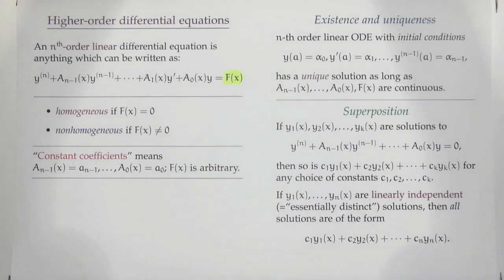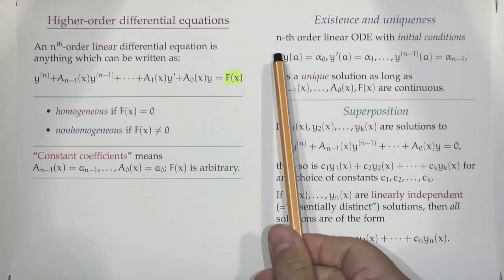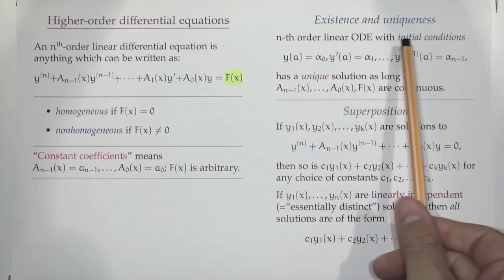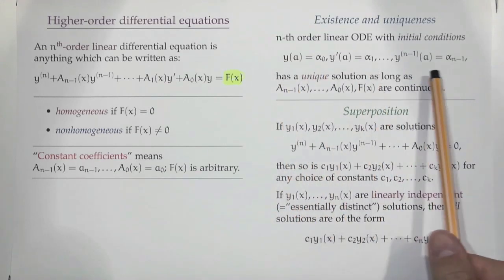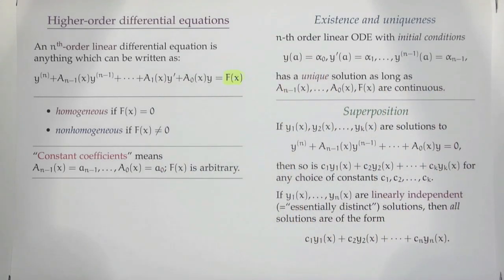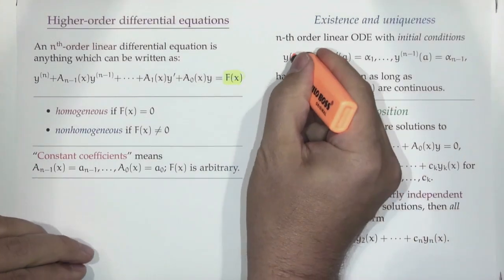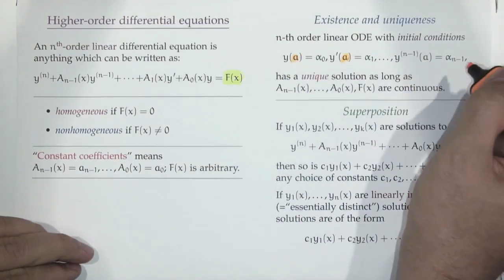Some facts. Do there exist solutions? And the answer is yes. So if we have a nice linear ordinary differential equation and we feed in some initial values, and you'll notice that our initial values all are at the same point. So in other words, we are looking at what's happening at the point a.